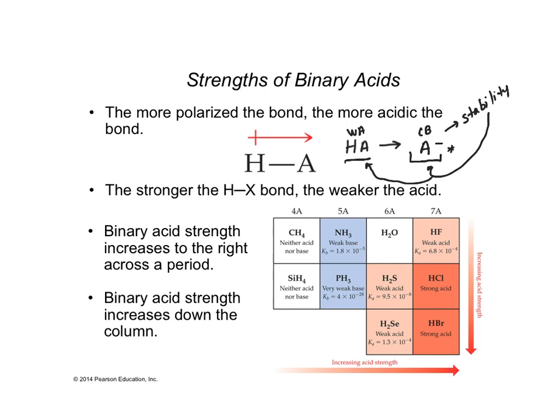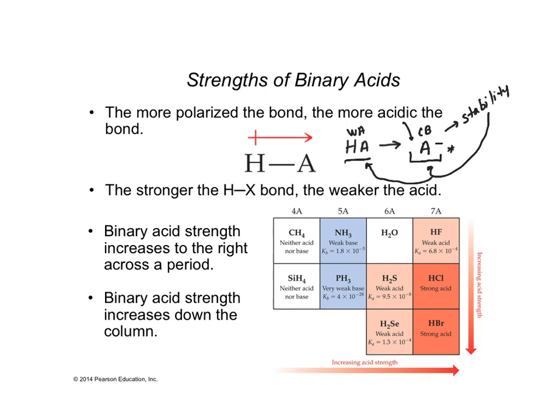So what are the things that are going to predict how stable this is? The first thing we're going to look at is electronegativity of that other element, okay? The more electronegative it is, the more it likes to have electrons around it, the more capable it's going to be of stabilizing that negative charge. What are our trends in electronegativities? Going back to periodic trends, as we move from left to right, what happens to electronegativity?